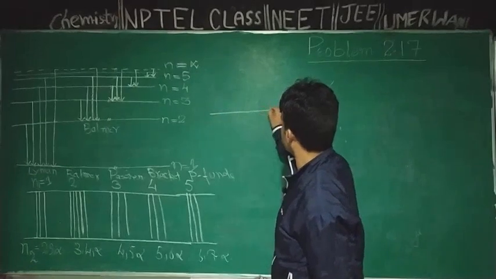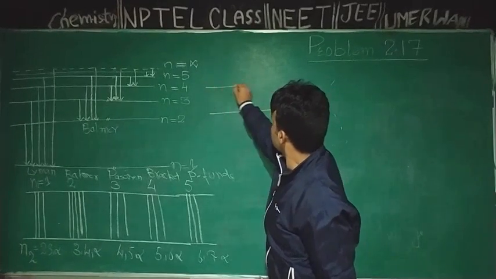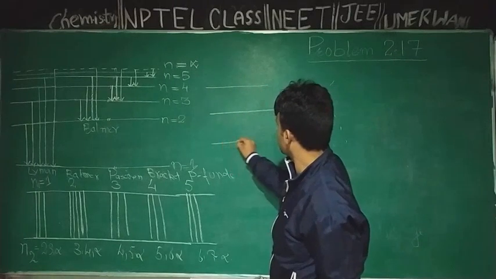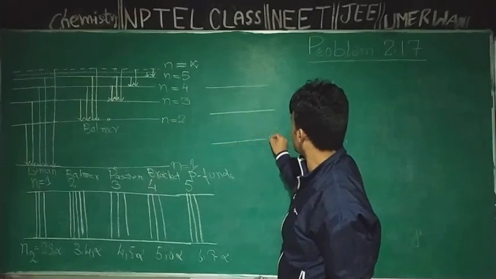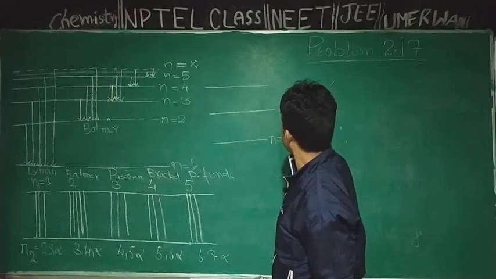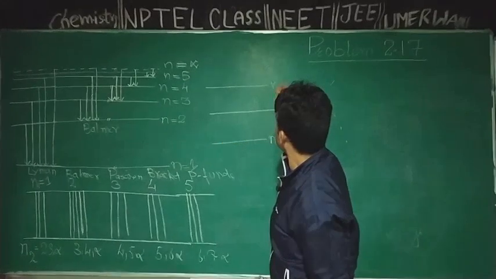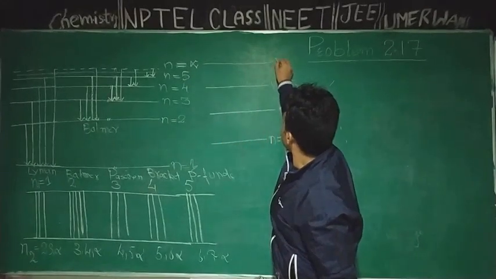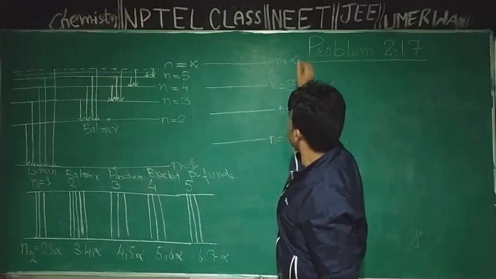Let me show here this, and this. This is n equal to 1, this is n equal to 2, this is n equal to 3, and this, suppose, is n equal to infinity.